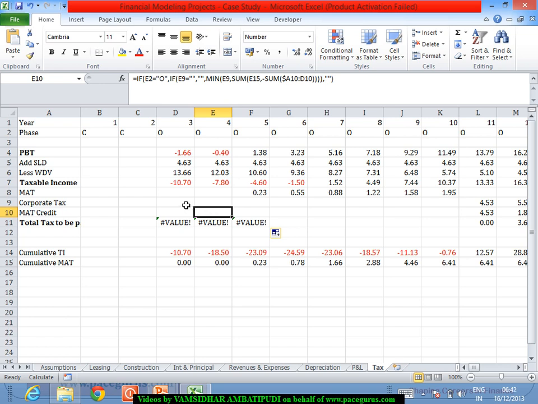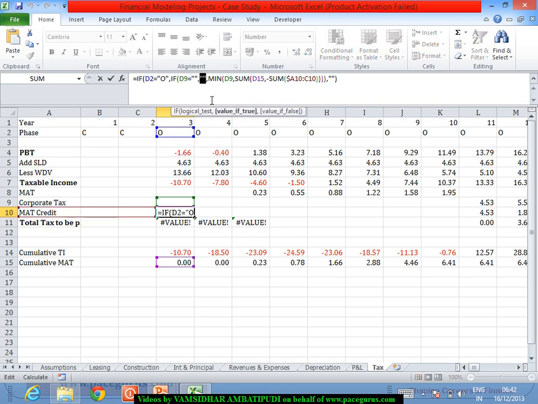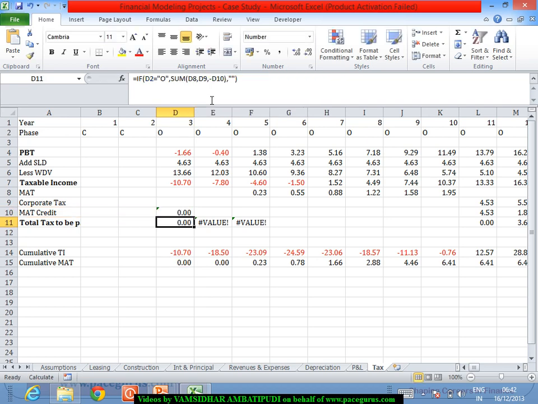So rather than blank, the better way then would be, instead of keeping a blank here, if D9 equal to blank, what if I say 0? What if I substitute with a 0? Yeah, things are working well.